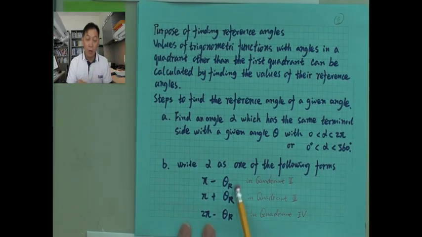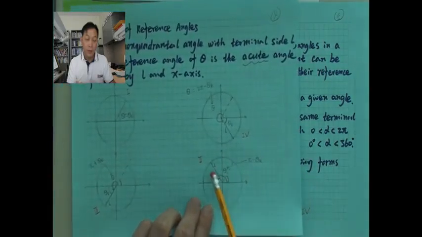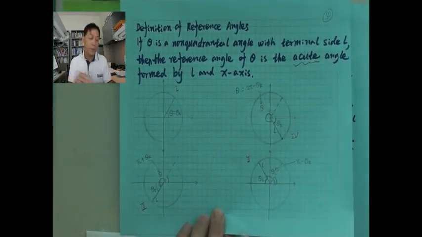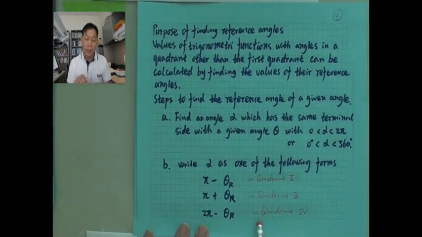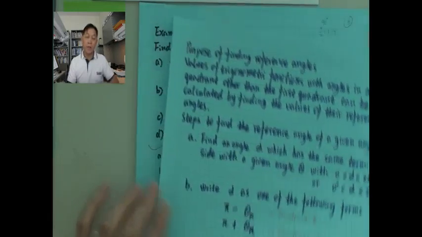If it's in the first quadrant, we don't need to work on that. If it's in the second quadrant, that's pi minus the reference angle. If it's in the third quadrant, that's pi plus the reference angle. If it's in the fourth quadrant, that's 2 pi minus the reference angle. Okay? So there are two steps. Now let's look at the applications.